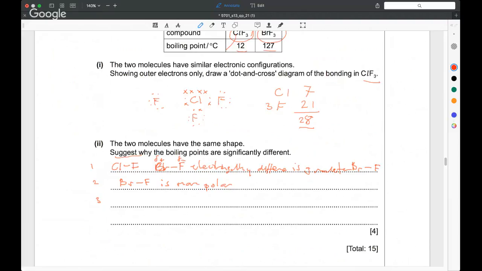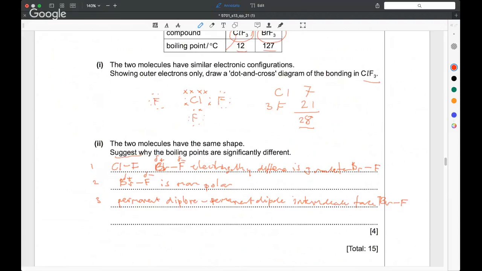And if you've got a more polar bond, let's say that's delta plus and that's delta negative, then you've got a permanent dipole, and when molecules are next to each other, they'll have an intermolecular attraction between the permanent dipoles. So the permanent dipole intermolecular force is greater for bromine trifluoride.